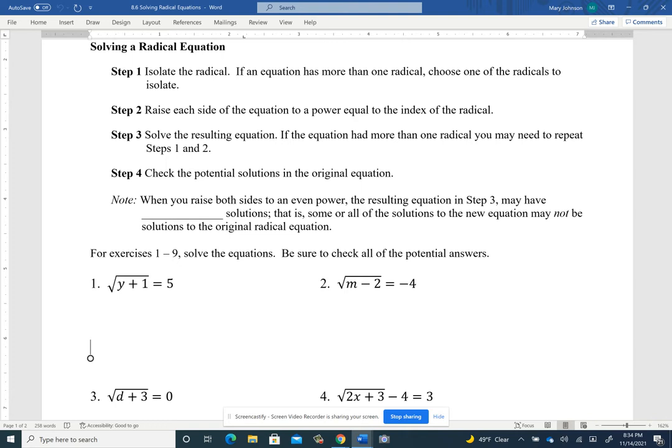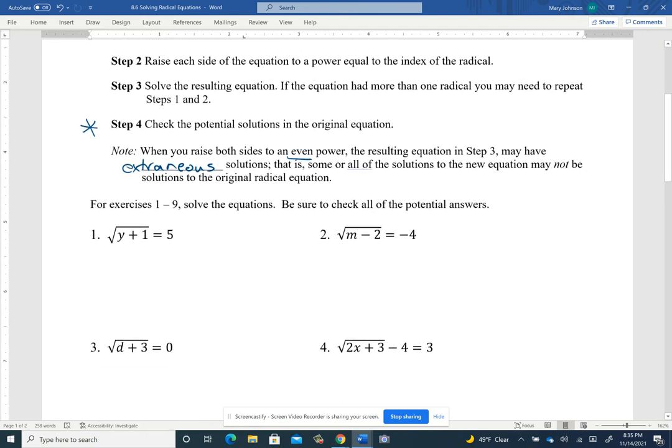And then the big thing that happens a lot is this step 4, where you have to check the solutions, because even though you did everything correct, when you square both sides or raise both sides to the 4th power, the solutions that you get aren't necessarily solutions to the original problem. You may get these things, they call them extraneous solutions. So you always have to just check your answers. You really only have to do that for square roots and 4th roots. But if you're not sure, just check your answers.